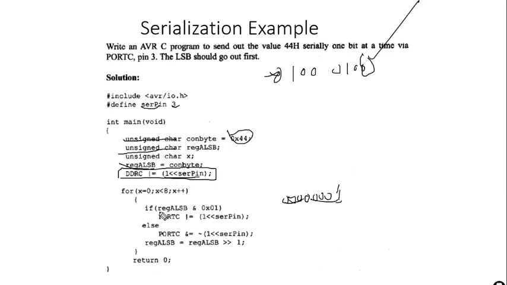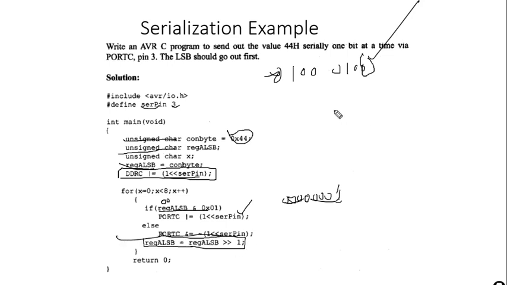This if statement will be true if the LSB is 1. If the LSB is 1, we will set the output pin. Otherwise, if the LSB is 0, it means we need to transmit 0. In that case, we will clear the output pin by the method mentioned in earlier slides. And then we will right shift our register.